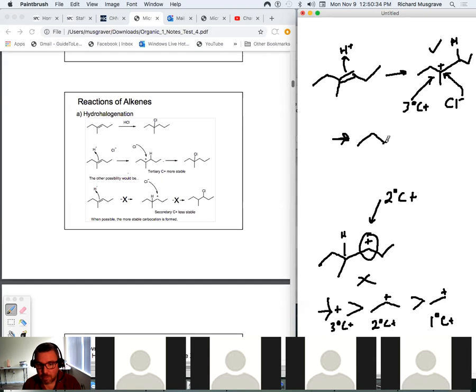The Markovnikov Rule basically states that during this kind of reaction, the halogen will always end up on the more substituted of the 2 carbons. You'll notice here I'm not even going to draw in that hydrogen. But look where the Cl ends up. You look at the double bond and ask yourself, which carbon has more Cs on it? The one with more Cs on it, that's the side it will go on. It's really that simple.